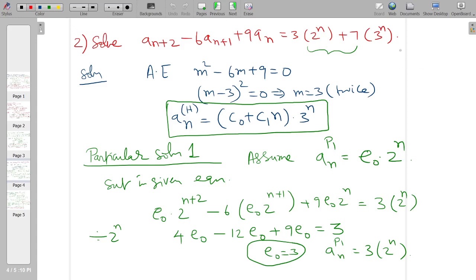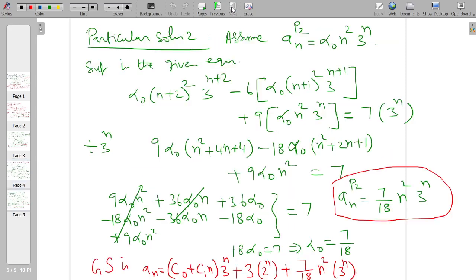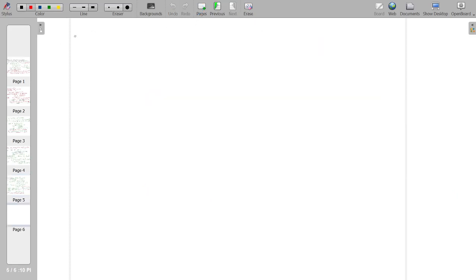Here a is 3, and you can see that 3 gets repeated 2 times as a root in the auxiliary equation. So I assume the second particular solution as alpha naught n squared into 3 power n. Okay, so this will be the solution to the second problem.